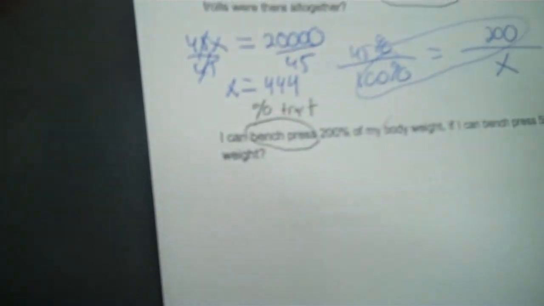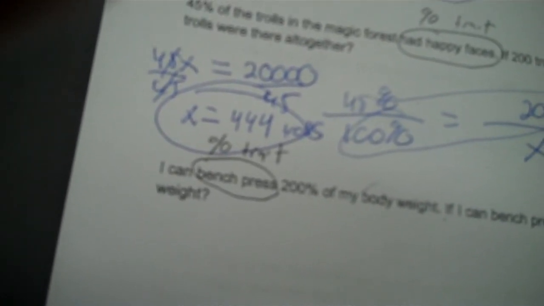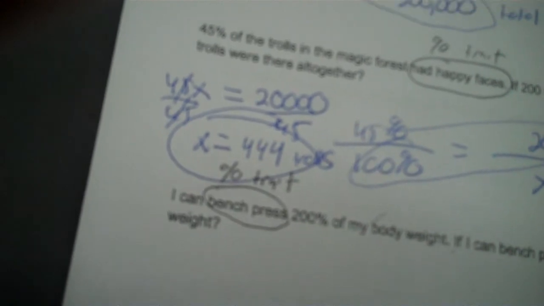Don't write decimals on this. Okay, just write 444. Happy faces. Okay. It's trolls. 444 total trolls. 200 had happy faces. That is 45% of the trolls.